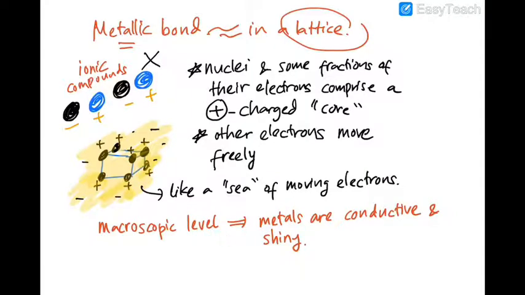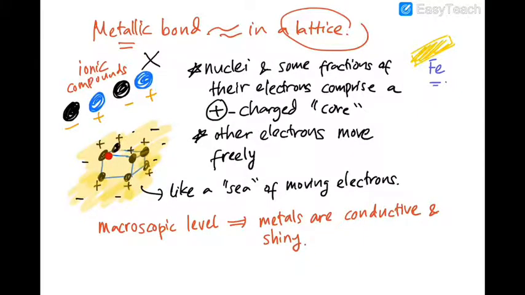So you can imagine that if you have a piece of metal, for instance, a piece of metallic iron, Fe, like that, at the macroscopic level you can see that it is shiny in appearance, and also you know that one of the properties is that it is conductive. It can conduct electricity. But at the microscopic level, now you also understand what's happening, because you have a sea of moving electrons. That is why it is conductive and shiny.